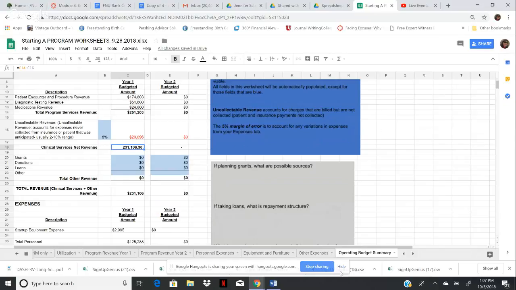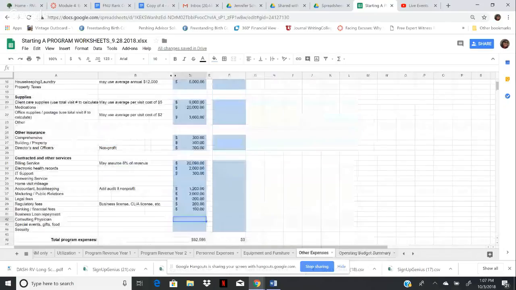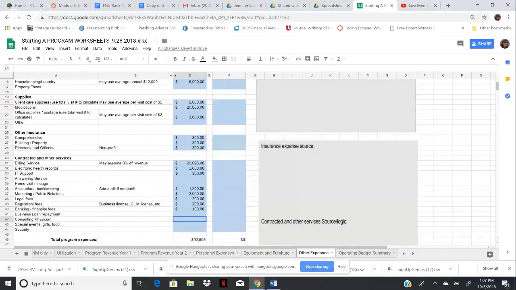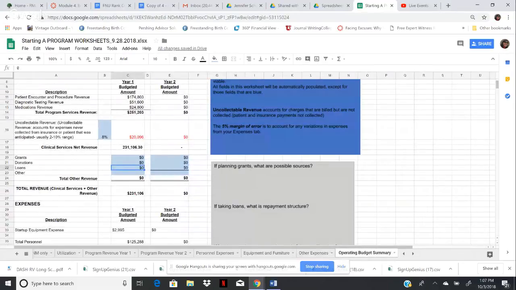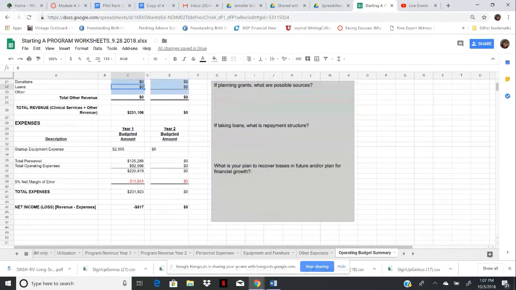And if you have a loan amount in here, you will need to go back to the other expenses tab right here where it says business loan repayment, and put in an annual amount, based on probably monthly payments, of what you'll be paying back on that loan in year 1 and year 2. Okay, so that's the revenue, and then the expenses again brings that over from previous pages.